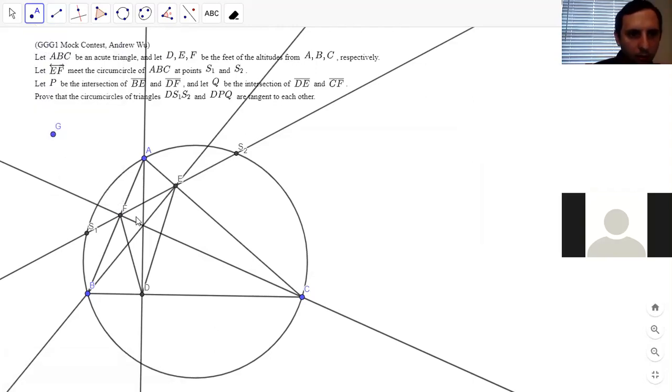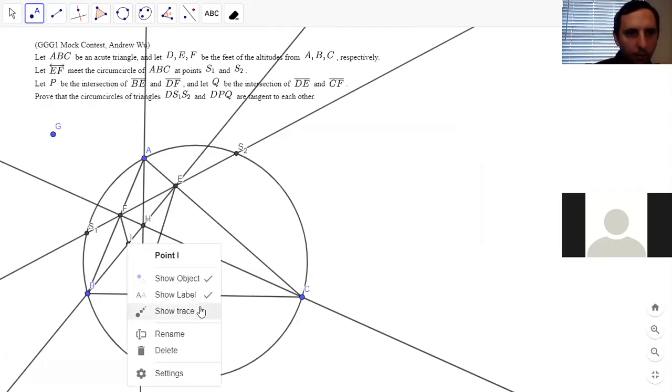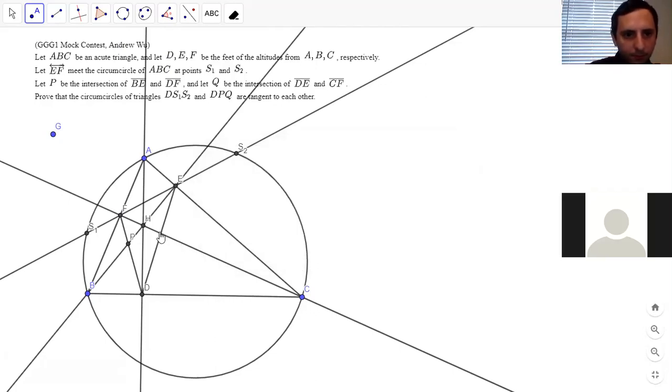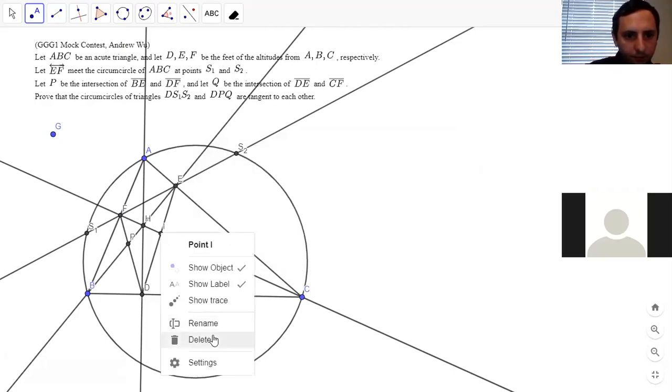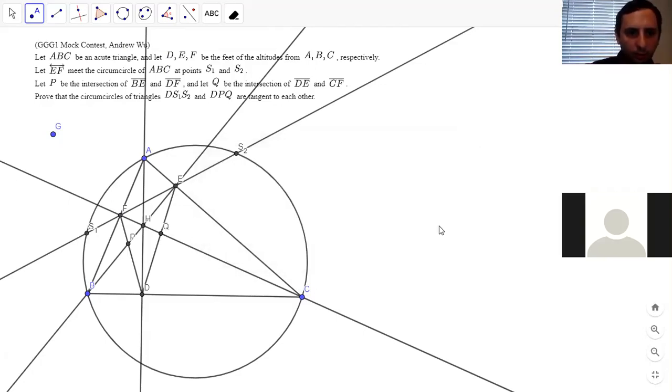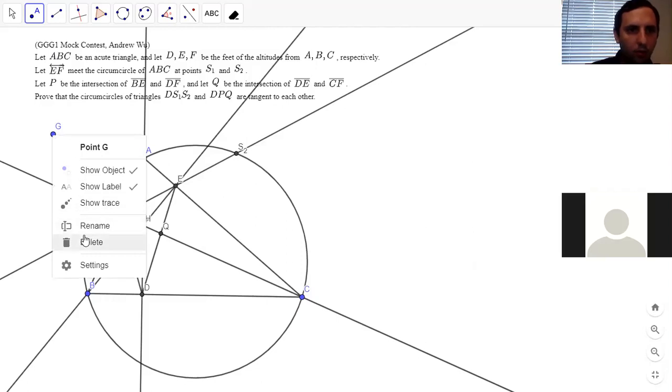And this is the orthocenter. This we'll call P. And this one is Q. We want to show the circumcircles of DS1S2 and DPQ are tangent. And they're going to be tangent at point D, of course.